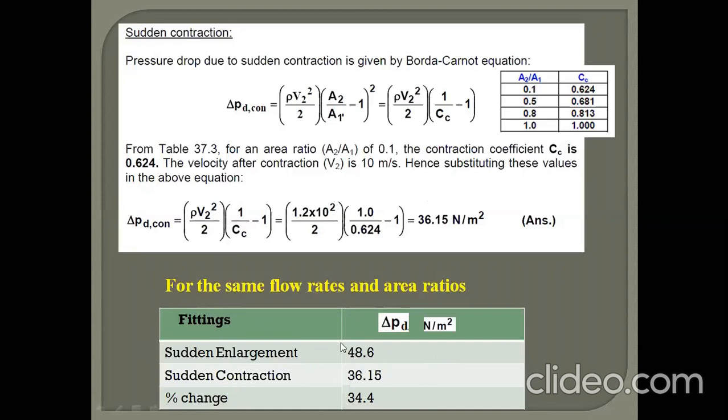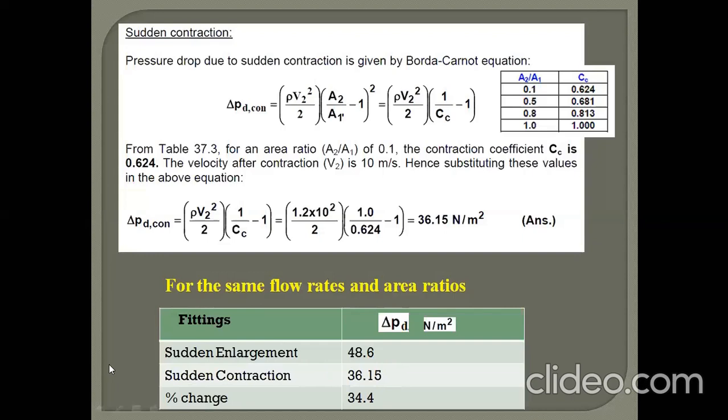Students, comparing the two, you can find that the pressure loss is less in case of sudden contraction, or you can say that for sudden enlargement the pressure loss is more. The change is approximately 35%.